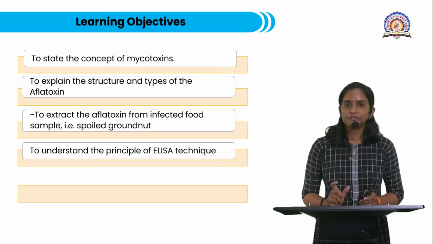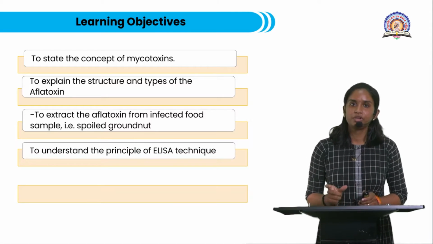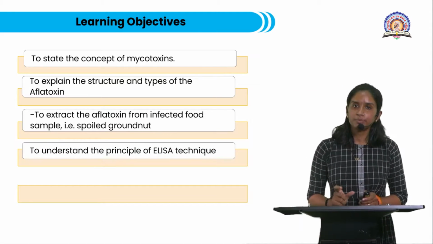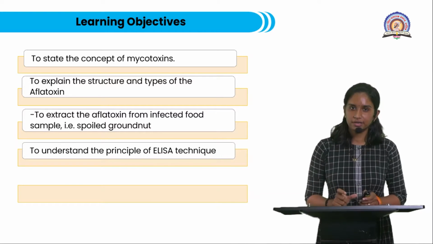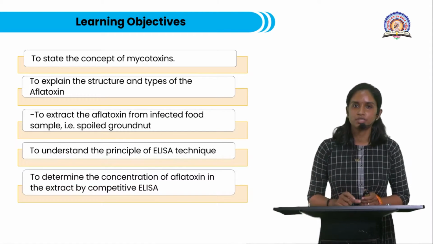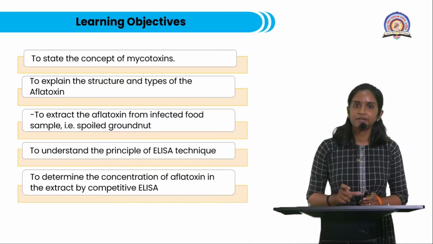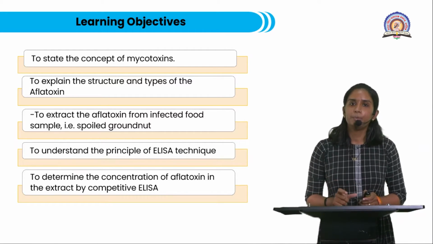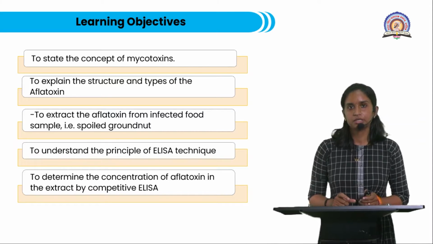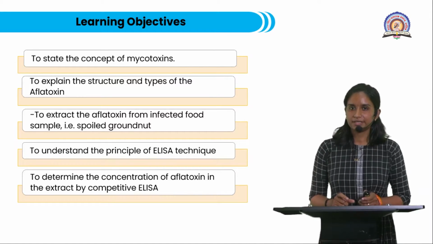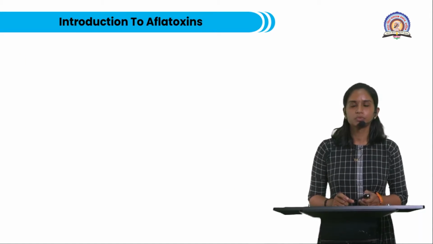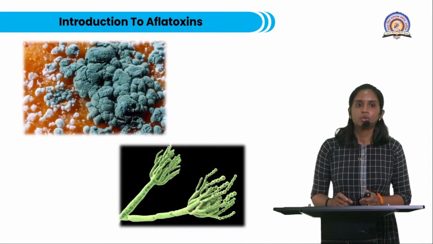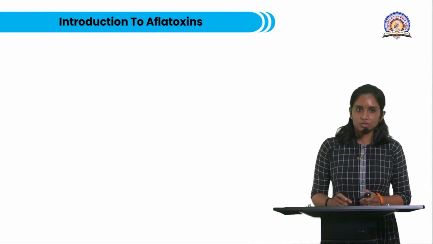Then we will see the principle of the ELISA technique, and one type of ELISA technique used for determining the concentration of aflatoxin from food, that is competitive ELISA. So we will discuss the application of this competitive ELISA for determining the quantity of aflatoxin present in the given food sample. So to start with, what are aflatoxins?